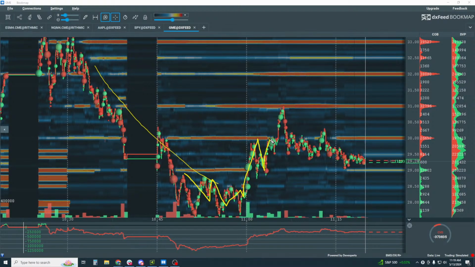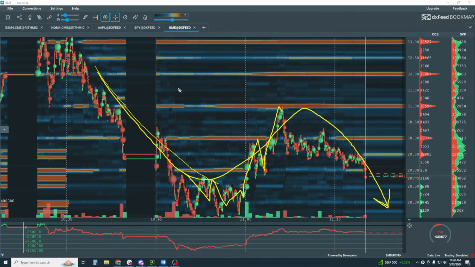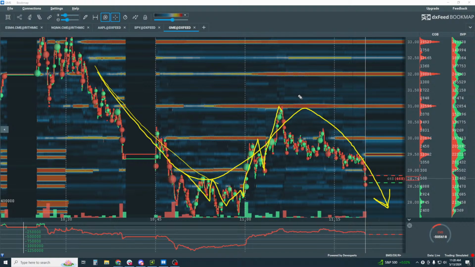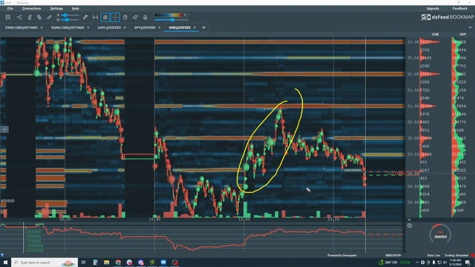Here's your continuation pattern, and we've seen it so many times also in the futures markets. So you kind of get this move, but we're still looking for this, right? And there it goes on cue.